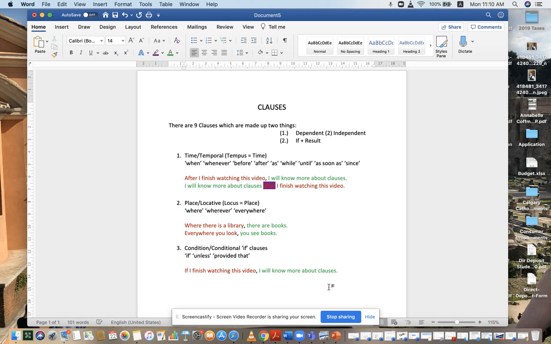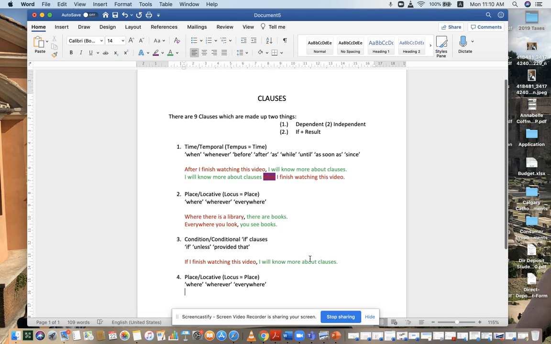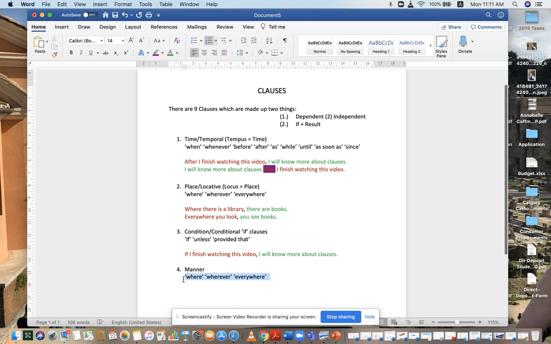The fourth type is manner. Okay, so manner in which something happens. And usually you see things like, as though, and as if.